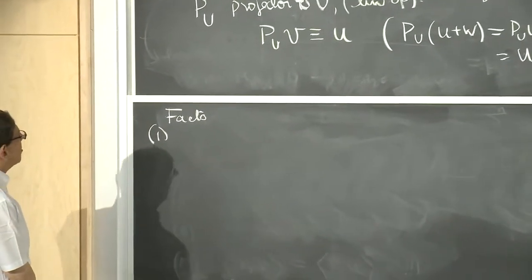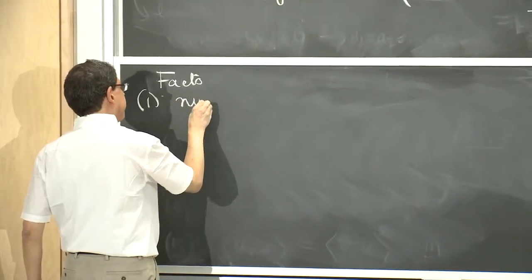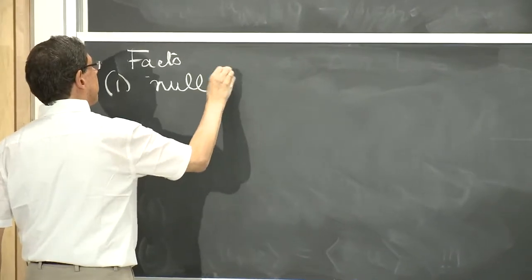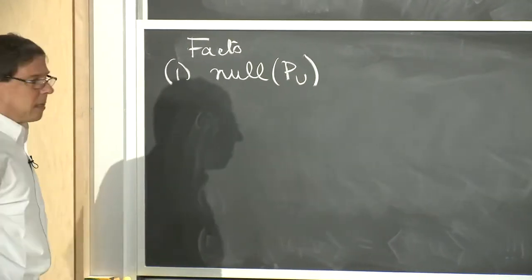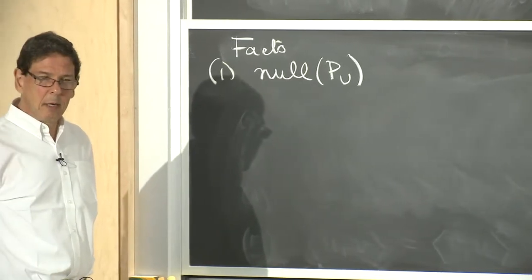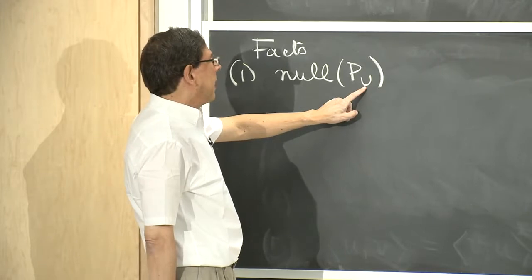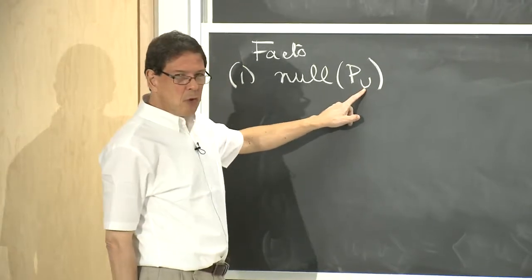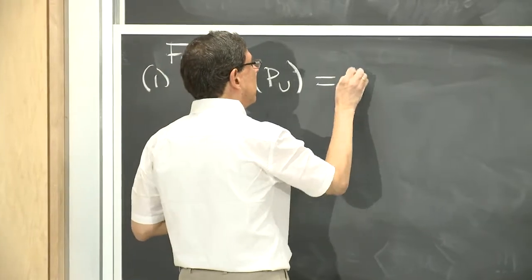What is the null space of the projector? It's the set of vectors that are killed by the projector. Well, if a vector doesn't have component in U, it gets killed. So any vector in U perp is killed. So the null space of this is U perp.